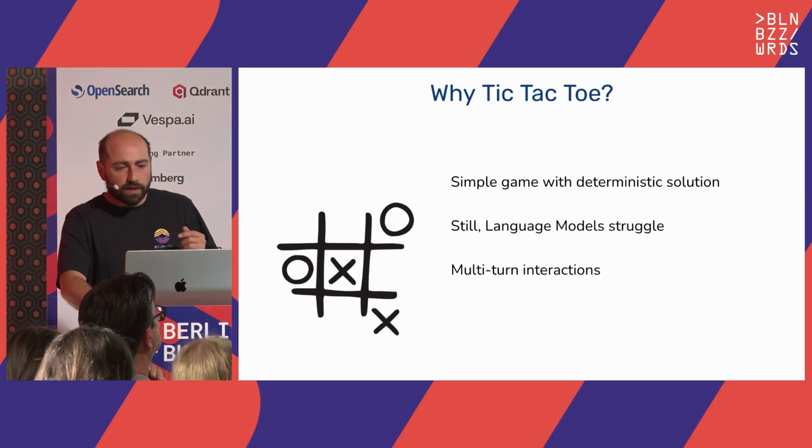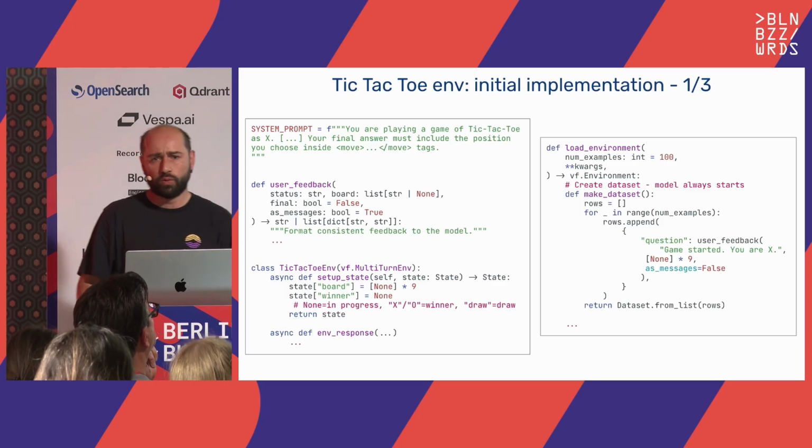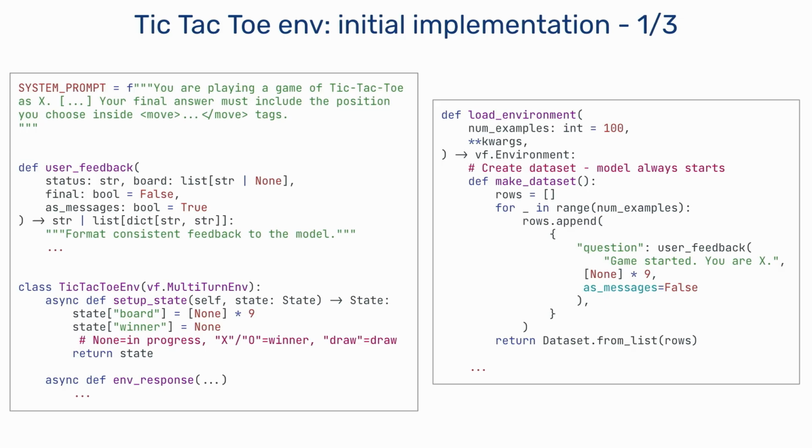So, let's start with an initial implementation. We make a few simplifying assumptions at the beginning. Our model will always play as X and always play first. It has to output a move, which is an integer between 0 and 8.